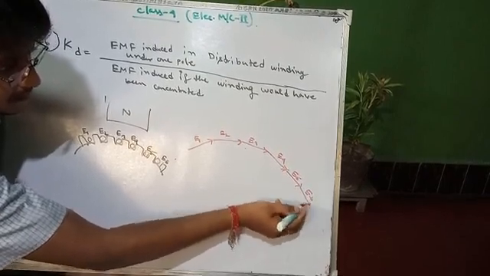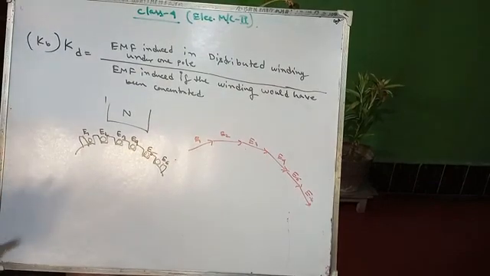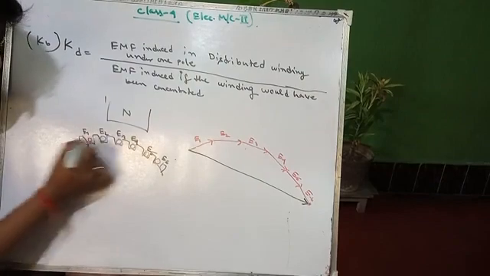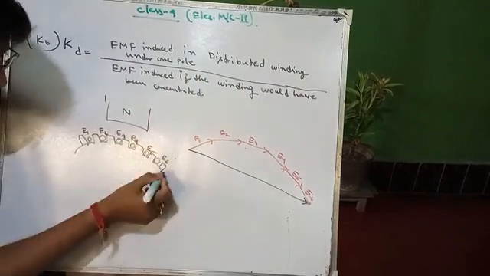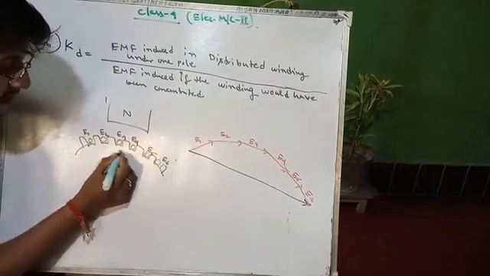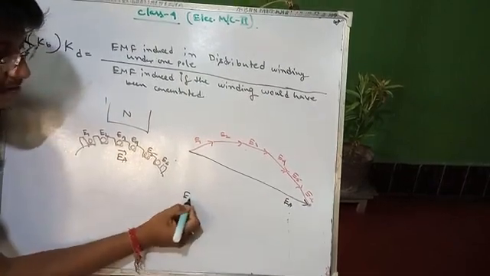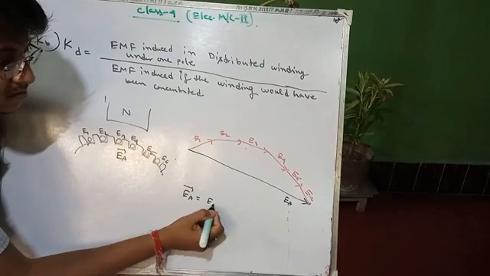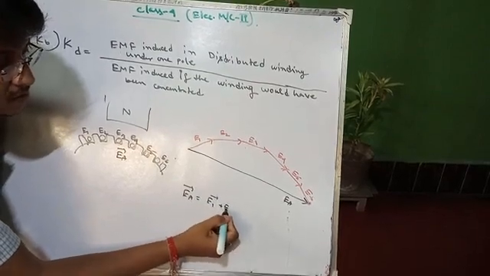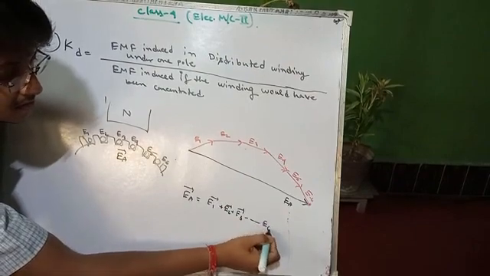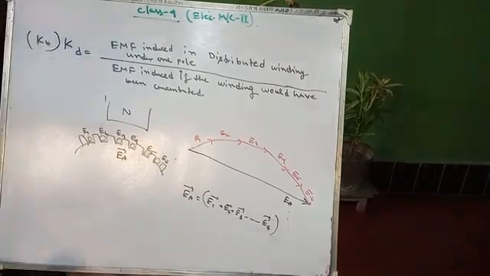What will be the algebraic sum of these? Suppose the resultant within this slot will be EA. So EA will be exactly equal to E1 plus E2 plus E3 up to E6. So this is the concept.